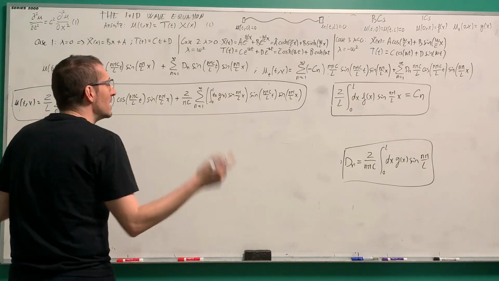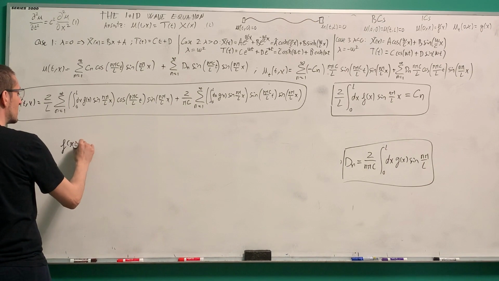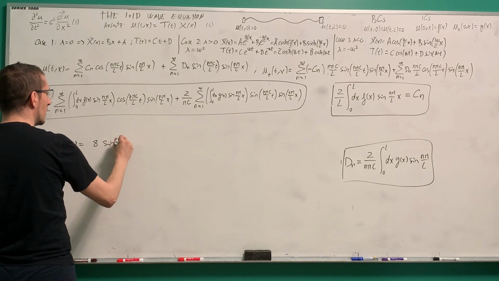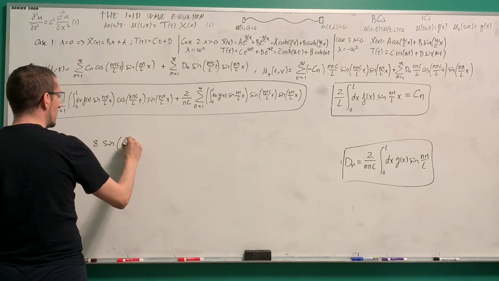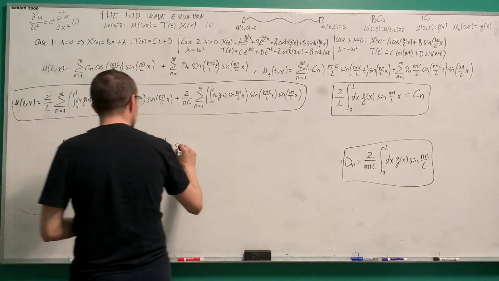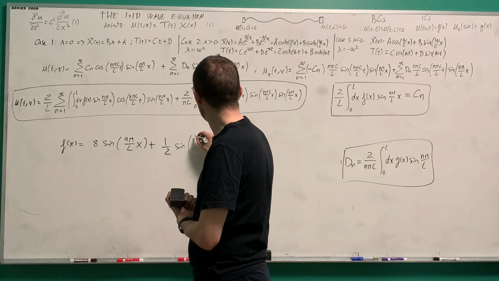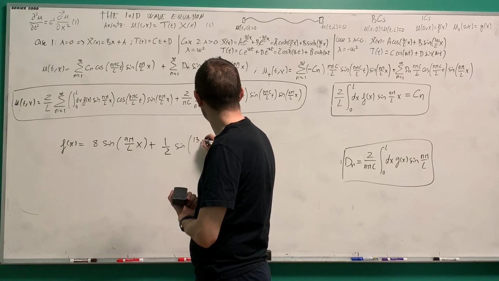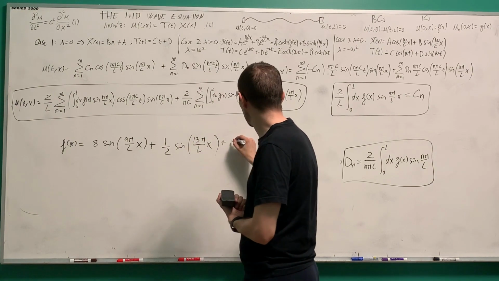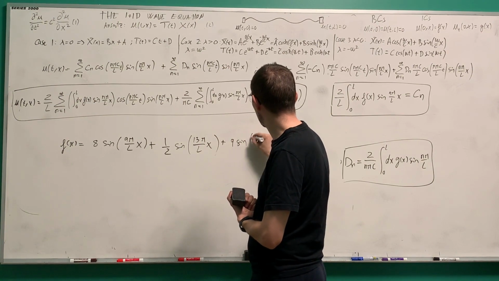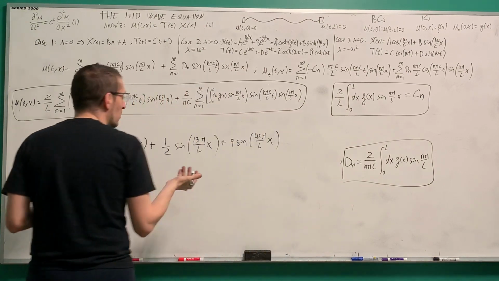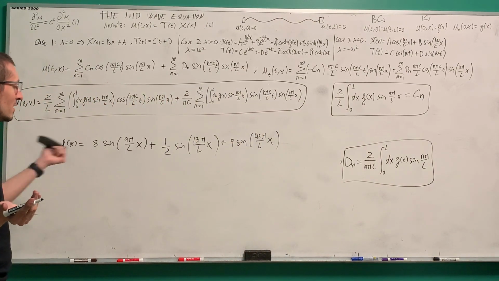For example, in the simple case, imagine that f of x was, I don't know, 8 sine of 9 pi divided by L x plus 1 over 2 sine, I don't know, 13 pi divided by L x, plus, I don't know, 9 sine of 42 pi divided by L x. Now, in this case, we know exactly what the Fourier series would be.